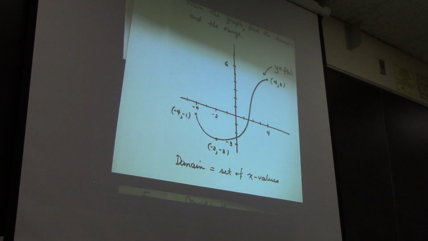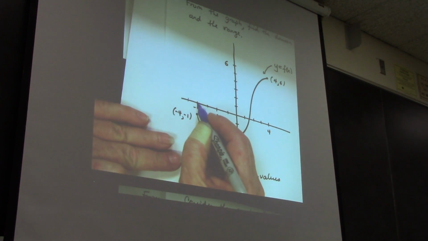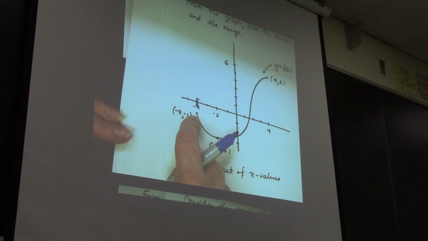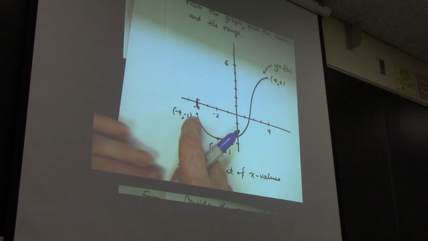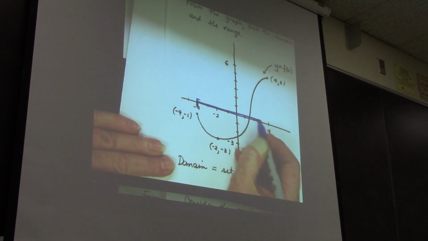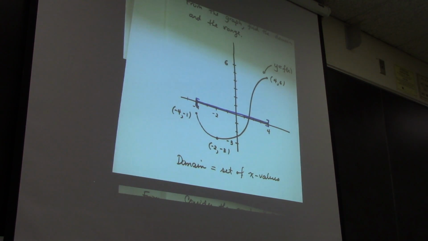Which means that its domain, I'm going to go ahead and color this on the x-axis. Its domain starts at negative 4 and includes negative 4, because x equals negative 4 has a y value corresponding to it, and goes all the way to x equals 4, and x equals 4 is in the domain, because when x equals 4, y equals 6.